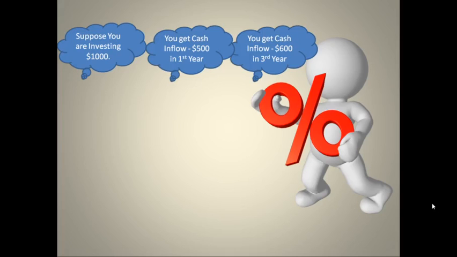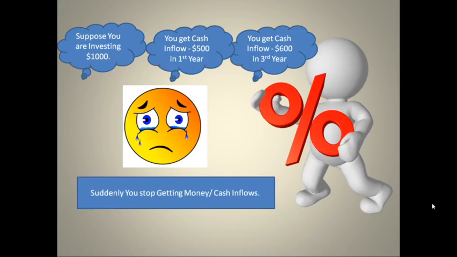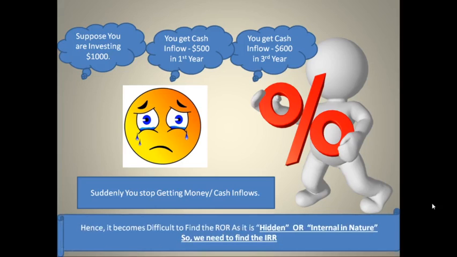Now all of a sudden you realize that you have stopped getting cash, meaning the cash inflows have stopped. In this case, if I ask you to calculate the rate of return, it will be a very tedious job for you. It becomes very difficult to find the rate of return, which means that the rate of return is hidden in nature.